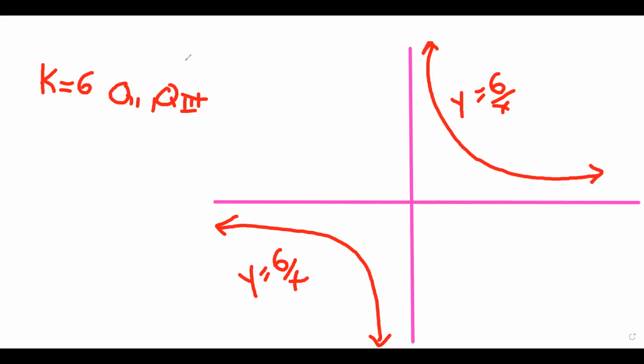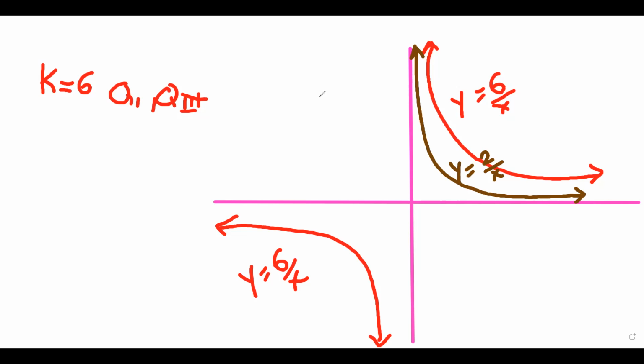Now, if you have k is 2, it's supposed to be here. This is for y equal 2 over x. Two is positive, so it's supposed to be in quadrant 1 and quadrant 3.